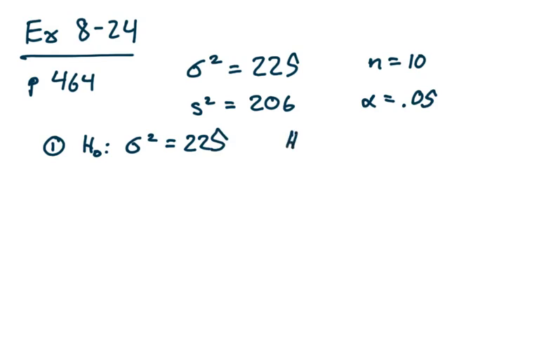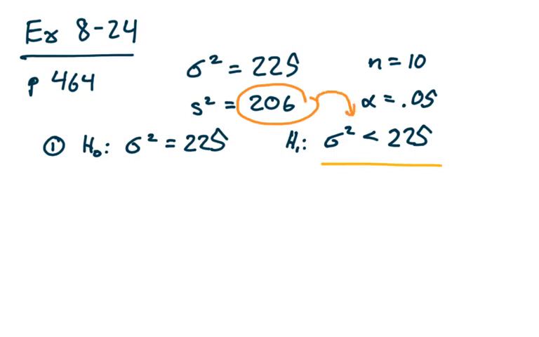And for our alternative hypothesis, oh, I'm sorry, she wishes to see if the variance is less. Okay, so it is going to be a left-tailed test. And notice this, I'm going to comment on this. A lot of the time I see people mention information about the sample when they're talking about the alternative hypothesis.